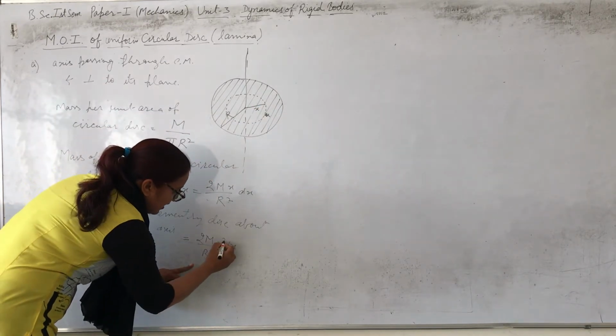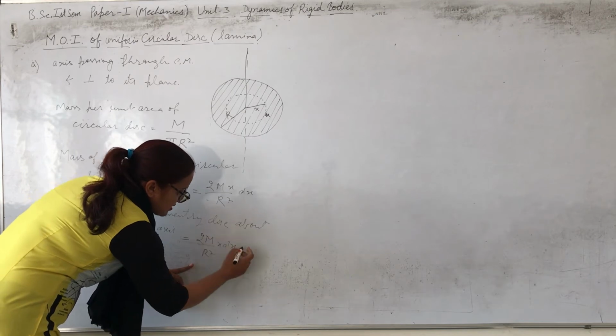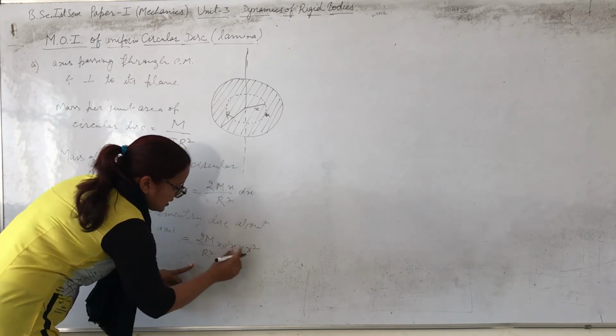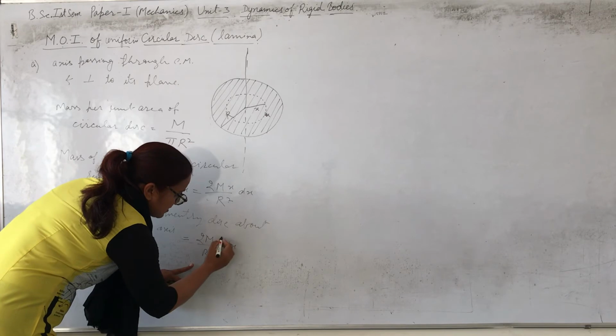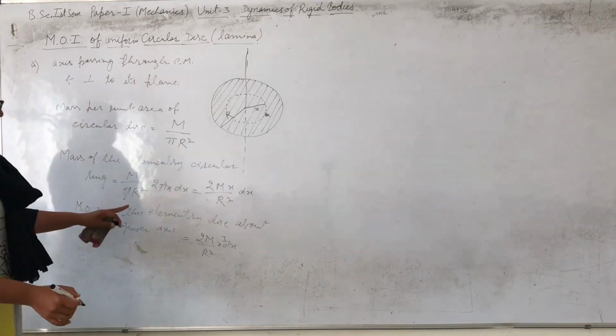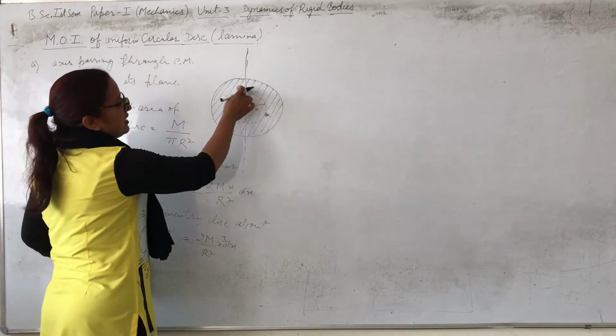So it will be x multiplied with x square, which makes x cube. So this is the moment of inertia of this elementary part.